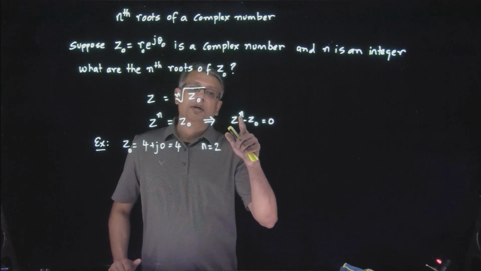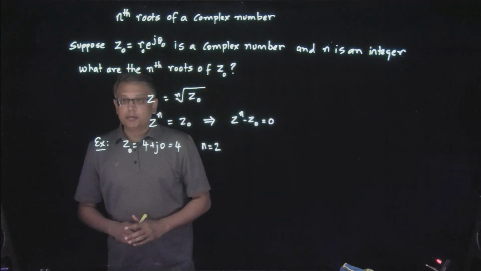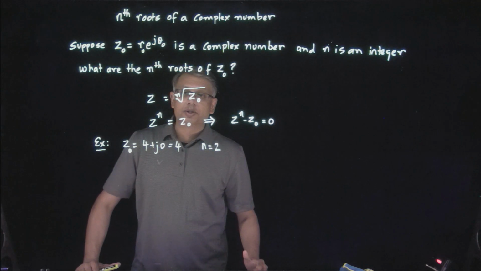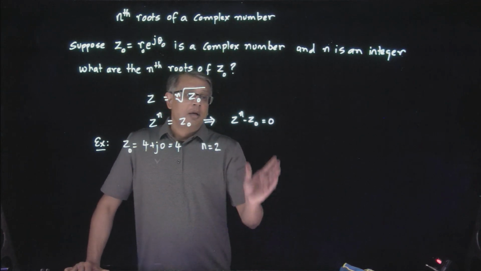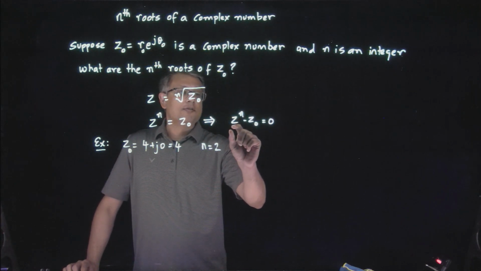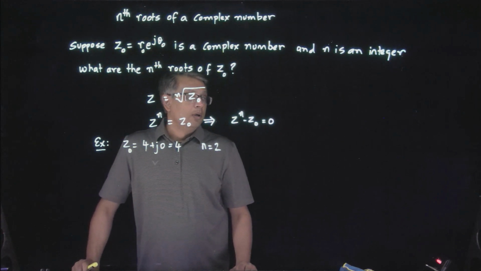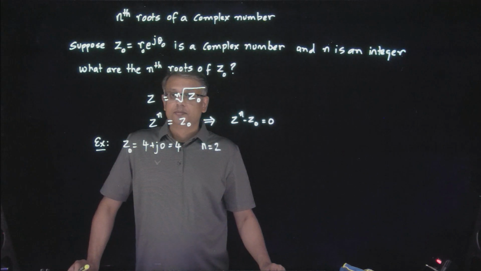The degree of this polynomial is n, and every nth degree polynomial has exactly n roots. Some of them may be complex, or maybe all of them may be complex, and so there are indeed n different values of z that will give you z naught when you raise them to power n. The question is, how do you find them?